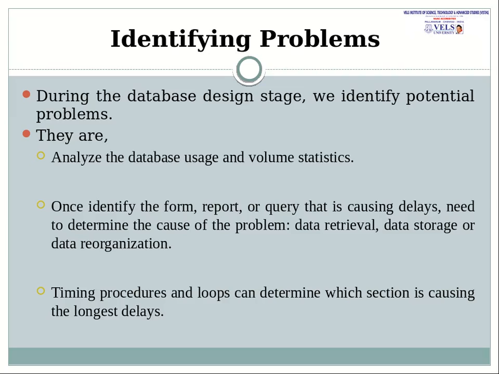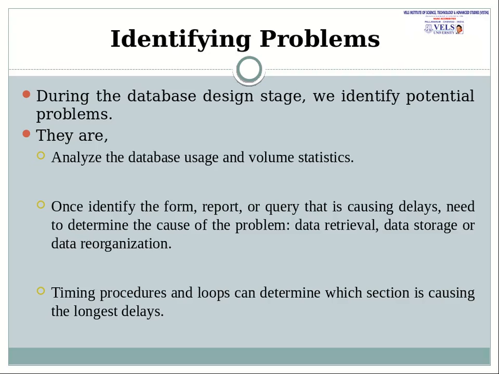And identifying problems. During the database design stage, we identify potential problems. What are the problems that occur at the design stage? First, analyze the database usage and volume statistics. Another is, once you identify the form, report, or query that is causing delays, determine the cause of the problem. What problem occurs: data retrieval, data storage, or data reorganization?